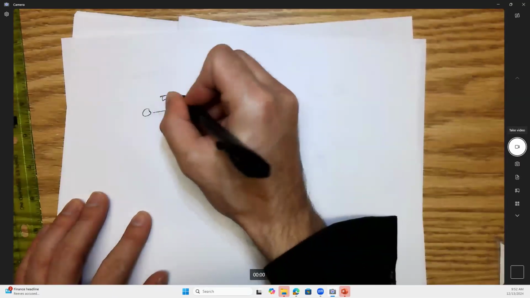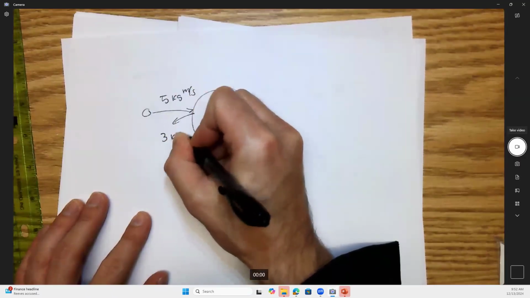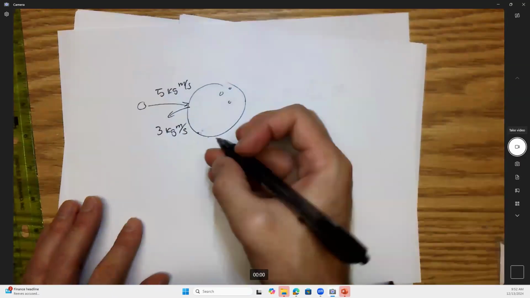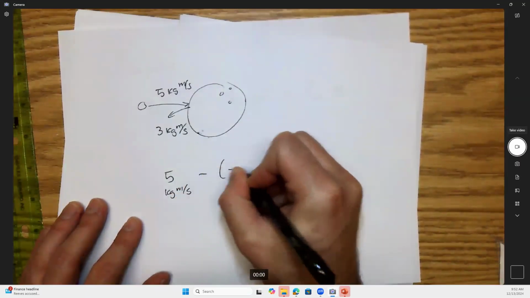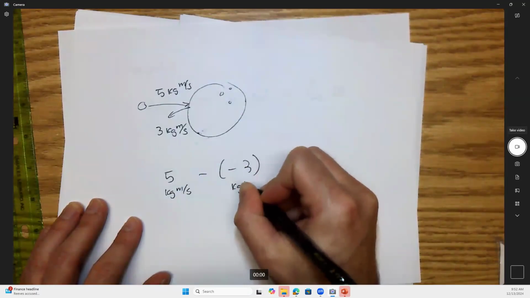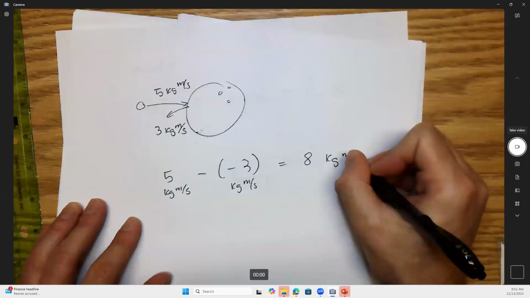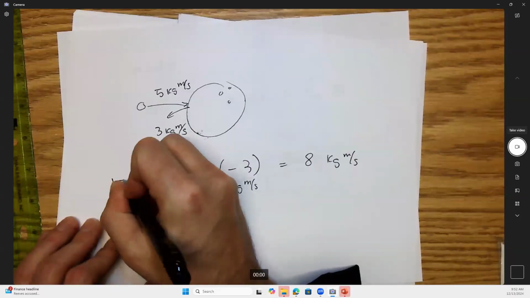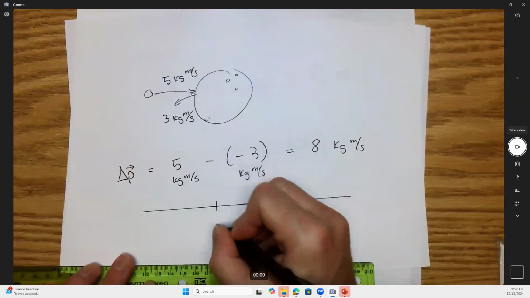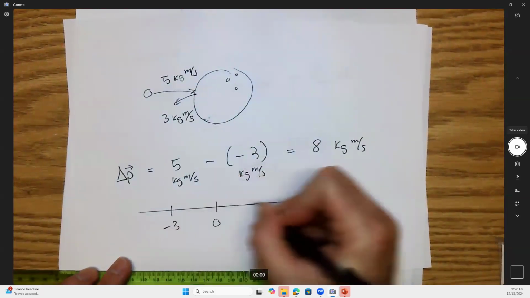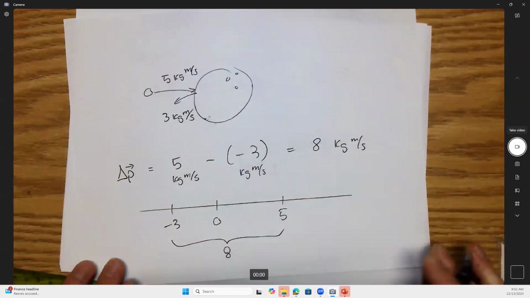If it had 5 kilogram meter per second here and 3 kilogram meter per second, but it changed direction, that's 5 minus negative 3, which is equal to 8. That's the impulse, delta p, the change in momentum. What does that look like on a number line? Here's 0, here's -3, here's 5. This difference right here is 8 units.